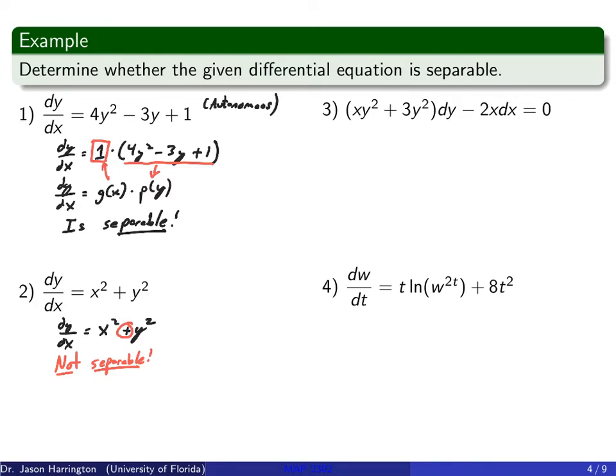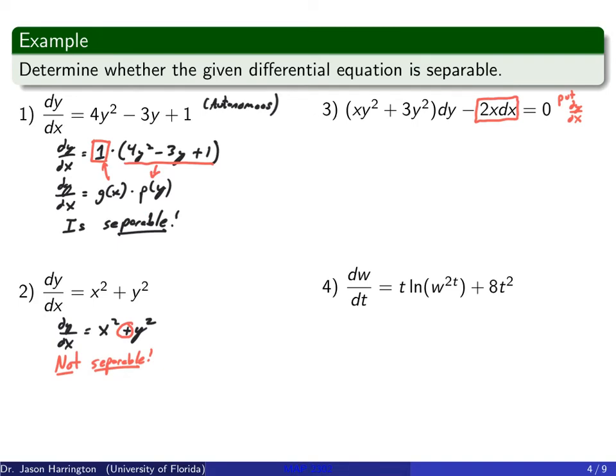Now let's look over here at equation 3. Now this one is written slightly different than the other ones. The dy and the dx are separate, and that's okay. Step 1 is we want to put the dy over dx together to see if we can find anything. So the first thing I'm going to do is divide each term through by 2x times dx.